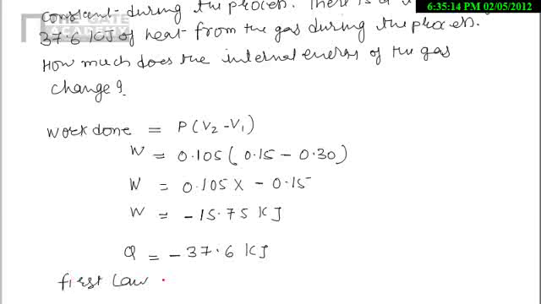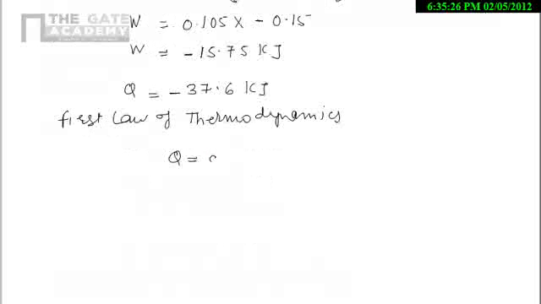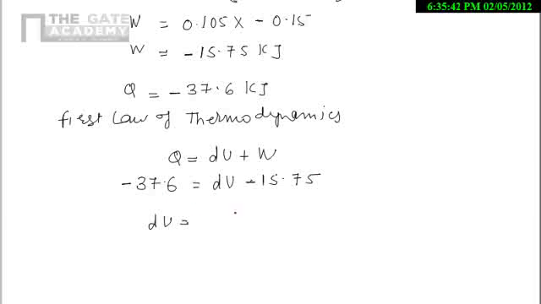Now we have to apply the first law of thermodynamics, that is nothing but Q equals del U plus W. Here Q is minus 37.6, W is minus 15.75. And then del U will be minus 37.6 plus 15.75.